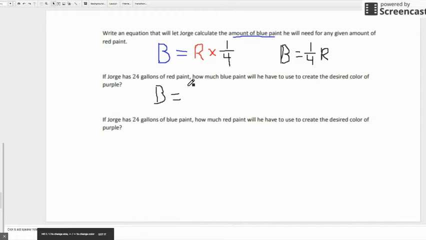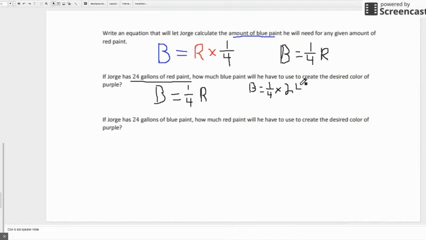The blue paint equals 1/4 of the red paint. Instead of the red paint, we're going to use the number 24 because that's given to us. We're going to multiply it by 24. How many gallons of blue paint will we need?